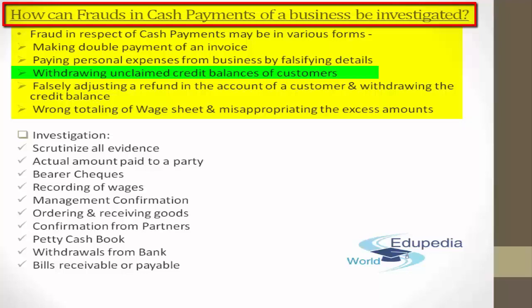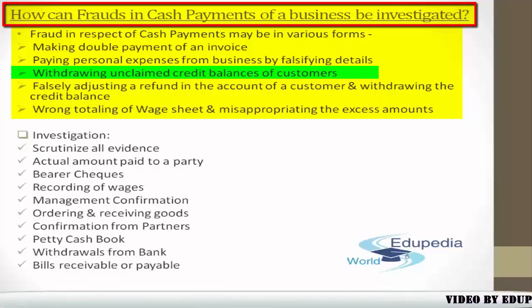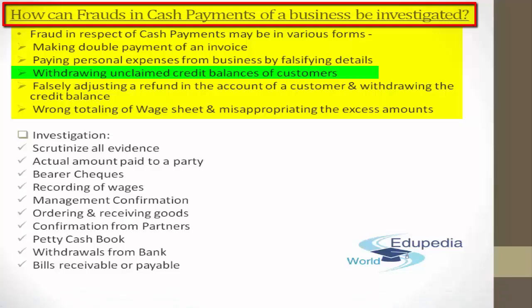So what you're going to do is just embezzle the money on his or her behalf with respect to the cash payment by falsifying, showing that you have made the cash payment to them. However, you have just not paid them. So you withdrew that amount on their unclaimed credit balances and you kept the same in your pocket. This is again going to be reflected as a cash payment fraud.